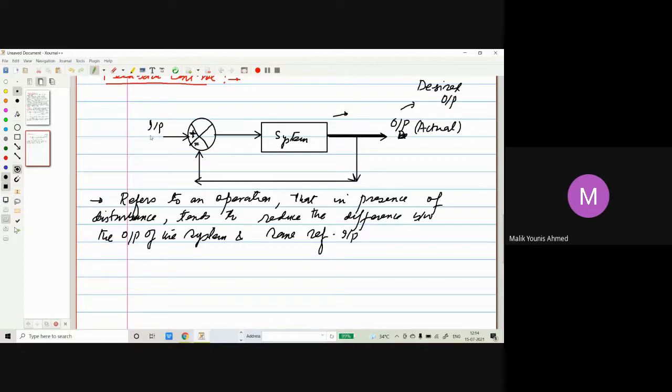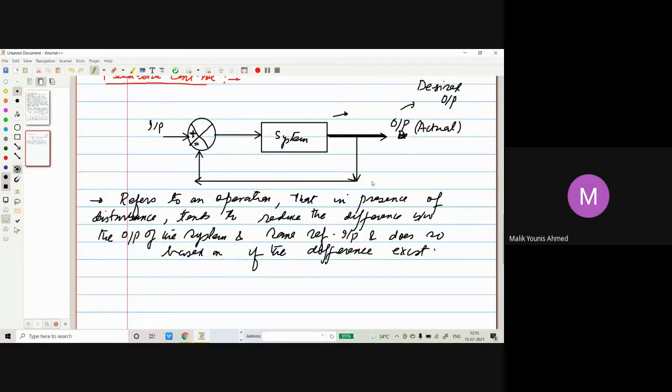It will try to get the difference between them, and it will do so on the basis of if the difference exists. It's very important that difference should exist, otherwise there is no need of this operation. So what it will do, it will tend to reduce the difference between the output and the reference input.